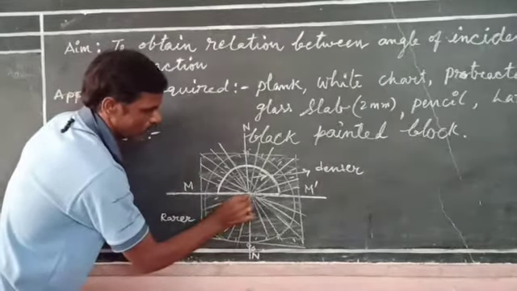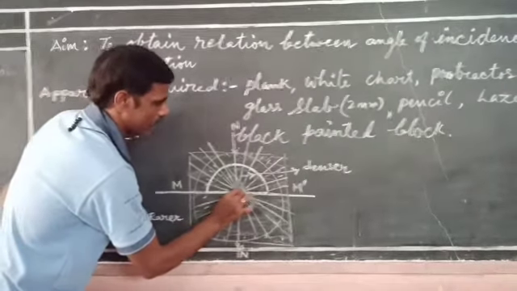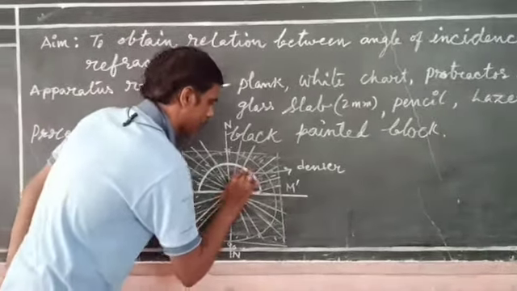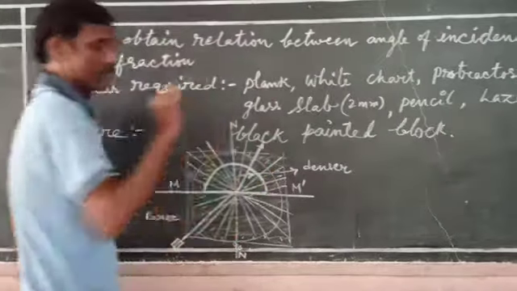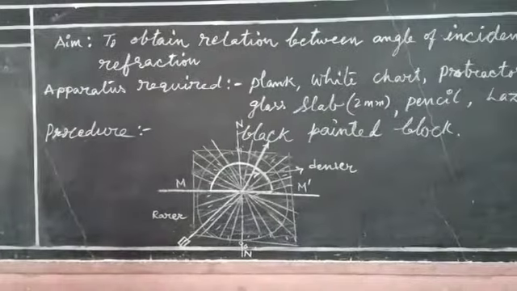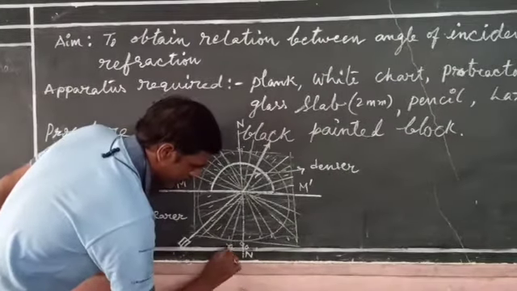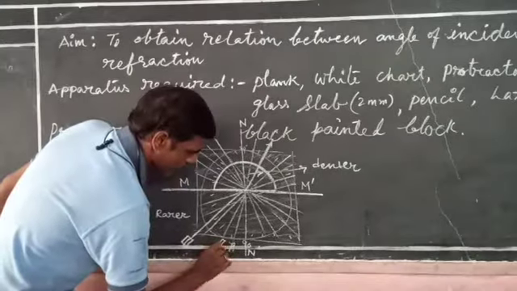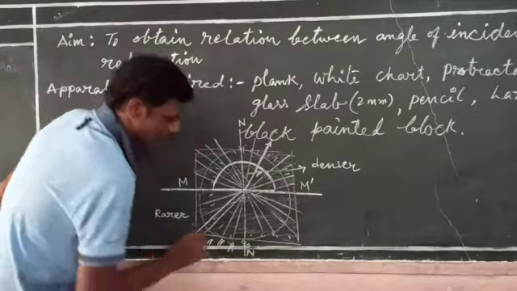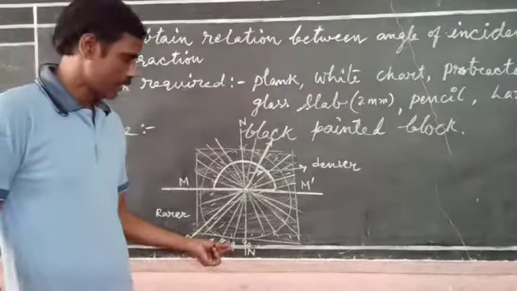Now observe the refracted ray of laser light from the other side. Now let us take the laser light at 10 degrees. Similarly, 20 degrees, 30 degrees from the rear side.